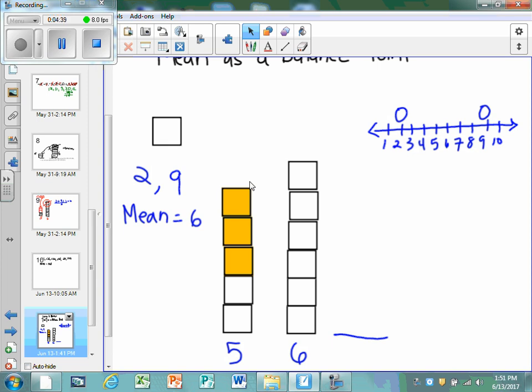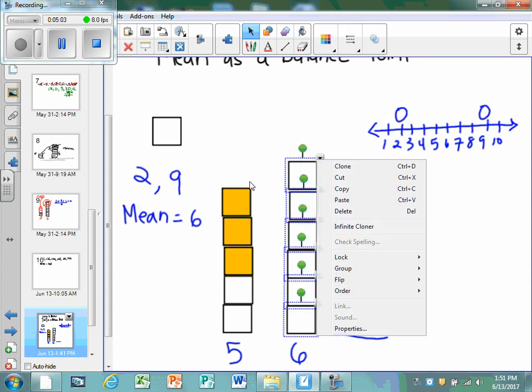So what amount more do we need for this person who has 5? 1 more, right? So what should our third person have? 1 more than to give it to the other person, right? So how much is our third person going to have? 7. So our third person is going to have 7.